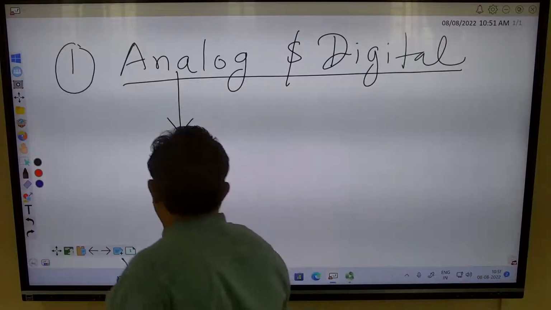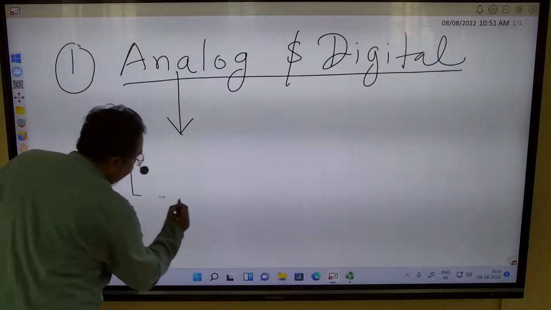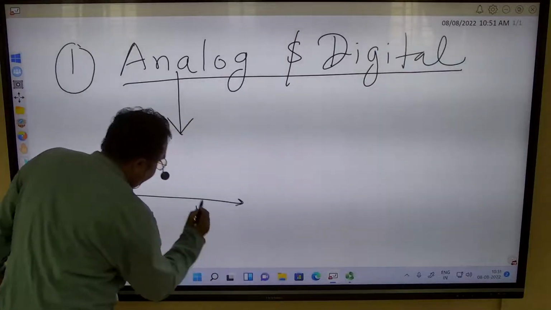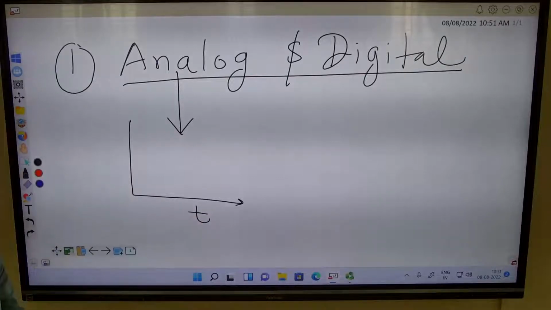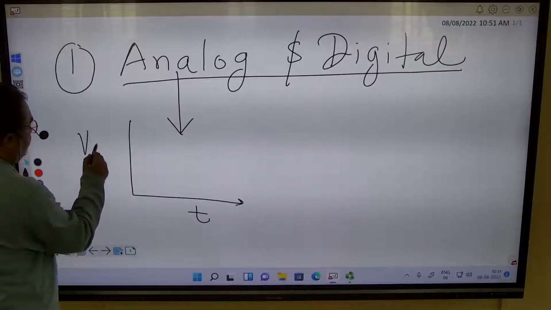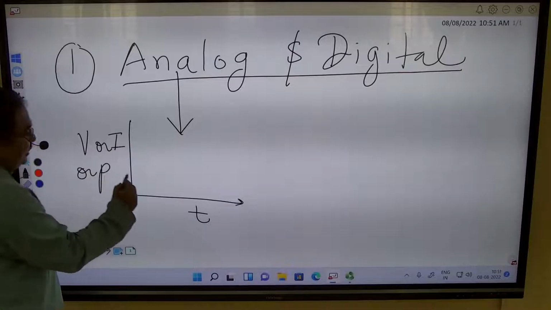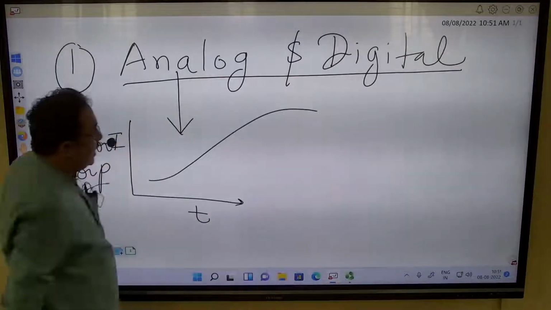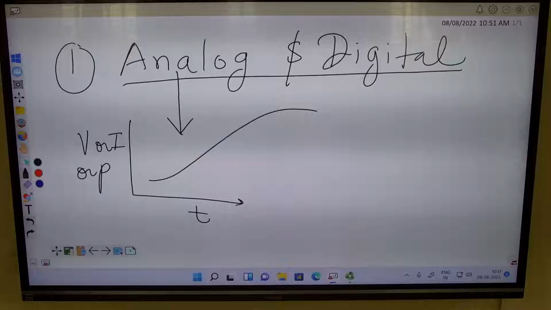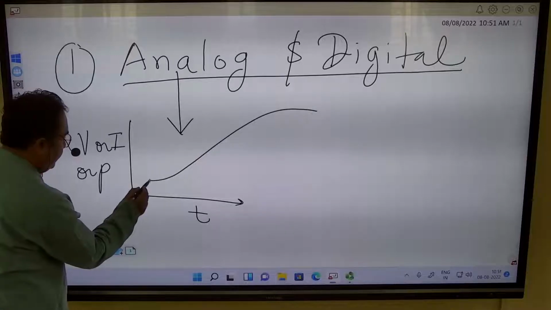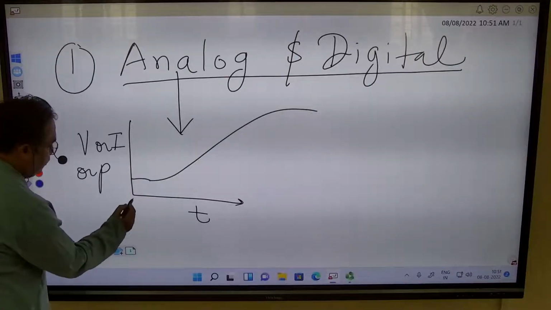So graphically, if I have to represent any electrical quantity, say voltage or current or power, with time, suppose it starts from time t equal to 0.